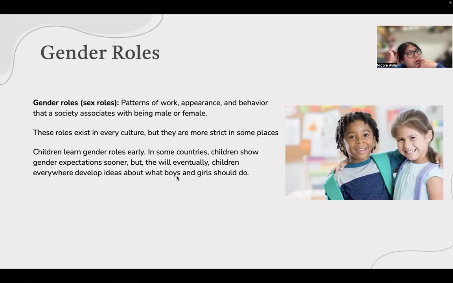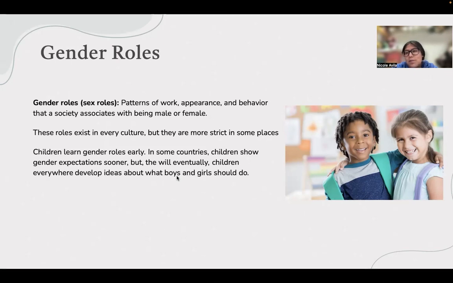An example of this would be, as we were growing up in our childhood, girls would be playing with Barbies or putting on makeup and dresses and dressing up, thinking they're princesses. While boys would play more aggressively, sometimes playing video games or playing rough with others.